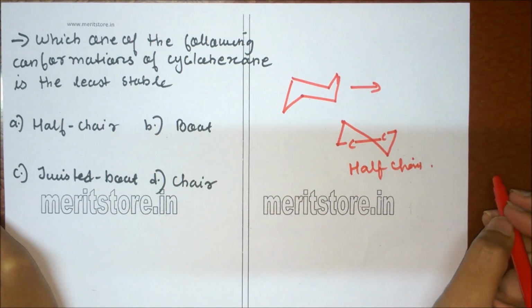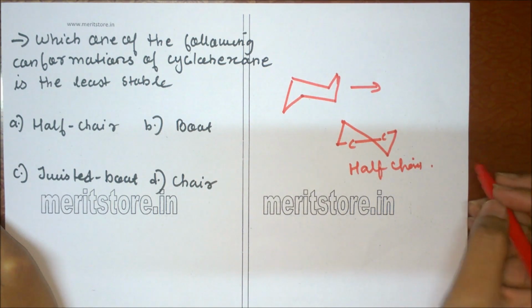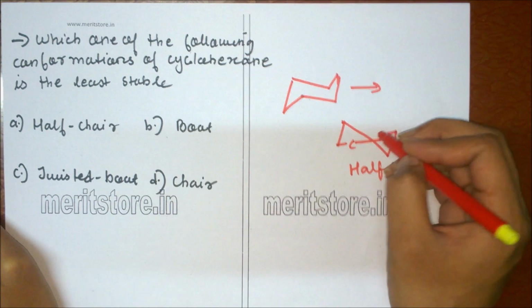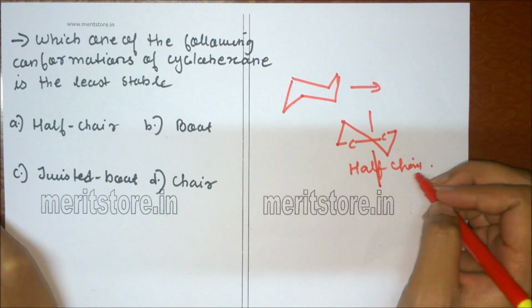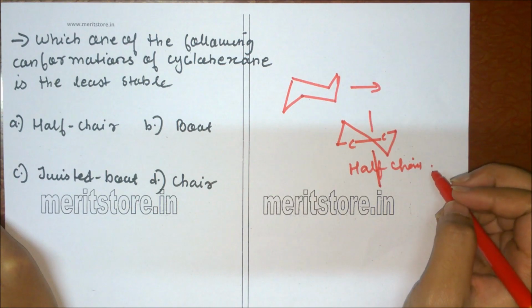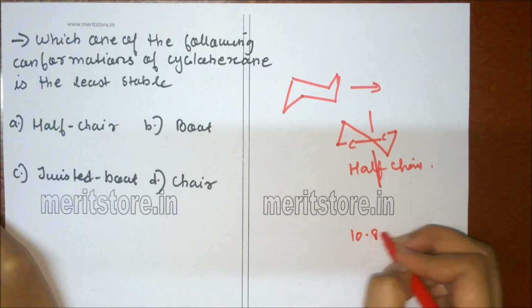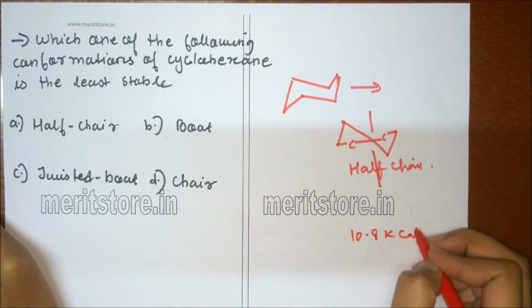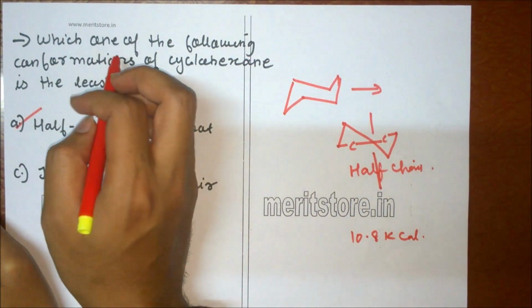So C1, C2, C3 and C4 of the chair conformation lie in one plane, with C6 above the plane and C5 below the plane. It contains many eclipsed carbon-hydrogen bonds. The half chair conformation lies about 10.8 kilocalories above the chair form. So option A is the correct answer.